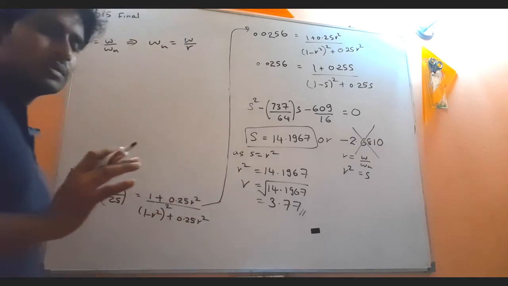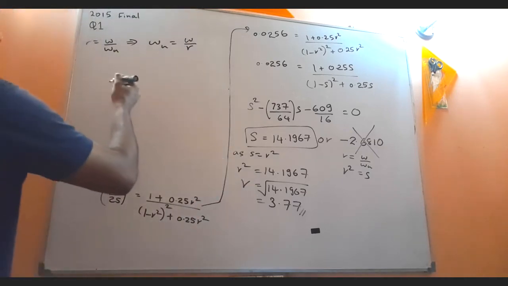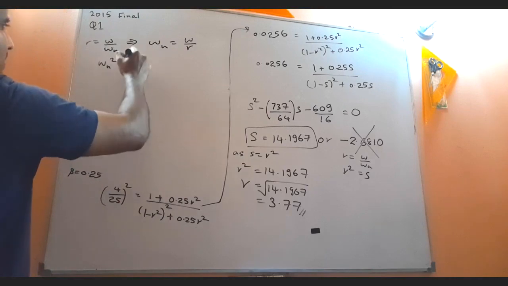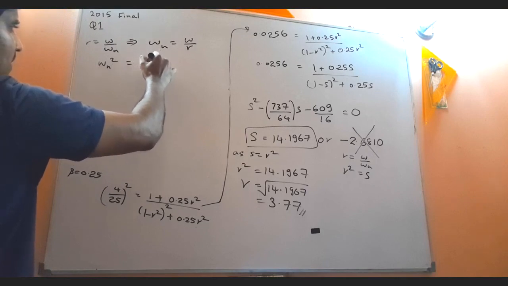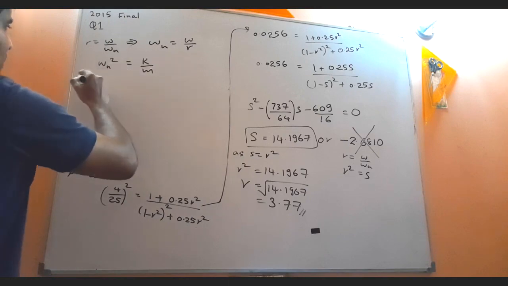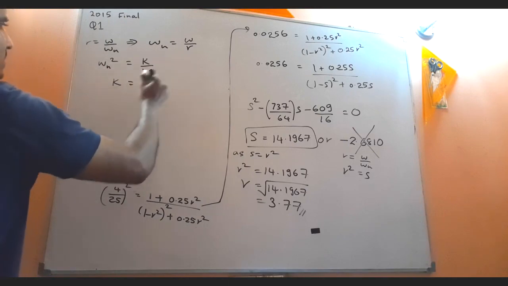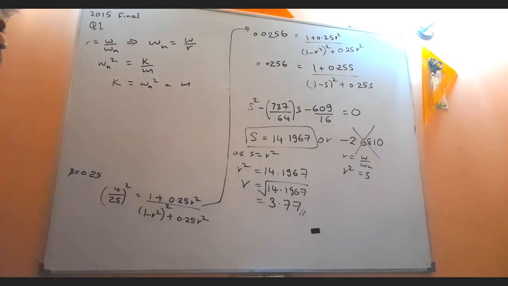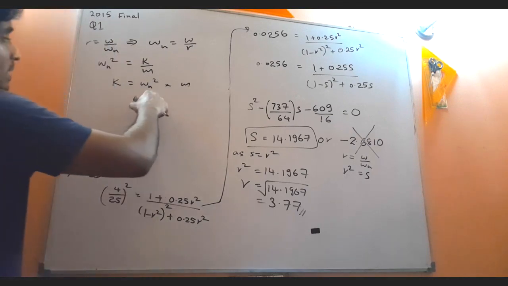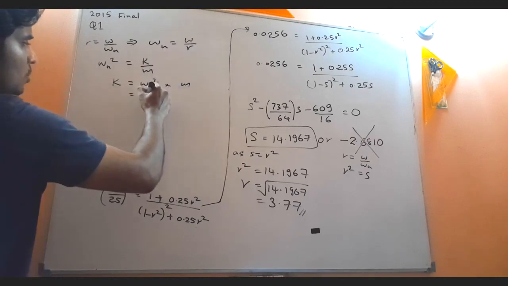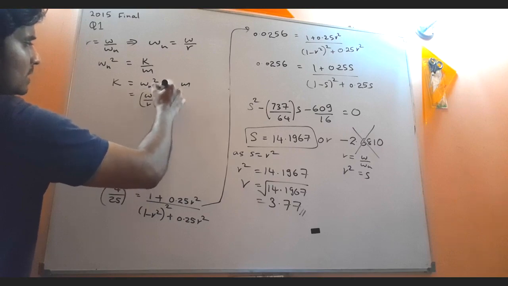The next thing, you know that omega n squared equals k divided by m. And now here we have to find k. So k equals omega n squared times m. What is omega n squared? We can substitute this relationship, omega divided by r whole thing squared, times m.